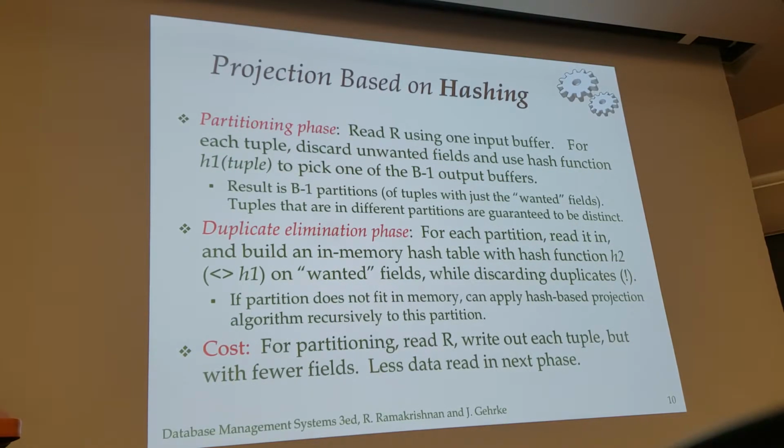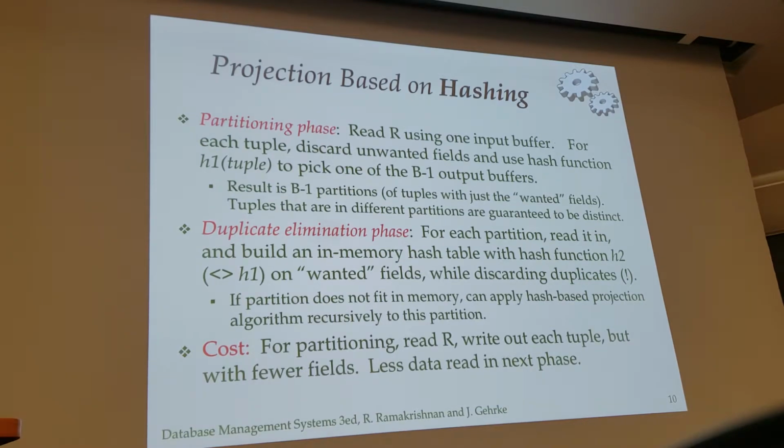So this is where the magical hashing stuff comes in, where we can use the same kind of ideas that we've talked about before to use hashing to help us deal with select distinct. So instead of going ahead and bothering with the sort, what we can do is we can read the relation R where we're only selecting a subset of R, and we go ahead and we read tuples, and as we read a tuple, again, we discard the irrelevant fields.